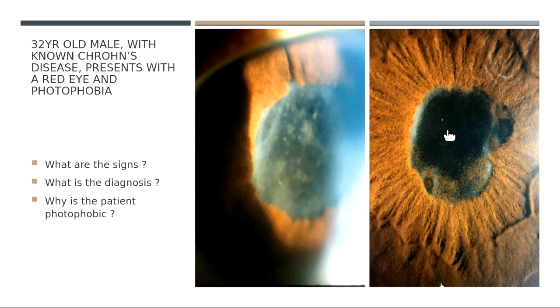Is that helping you at all? It helps a bit more, yes. Okay, thank you. Why is the patient photophobic? Doesn't anybody know why the patient with iritis has photophobia?